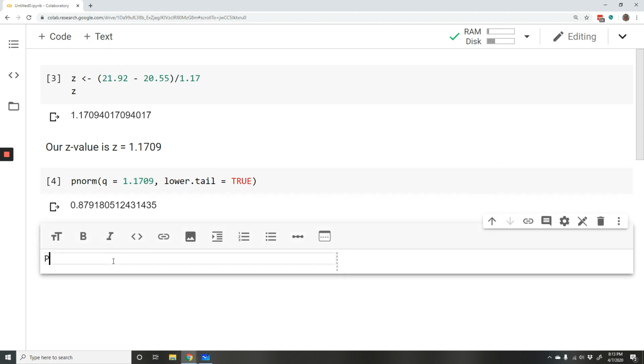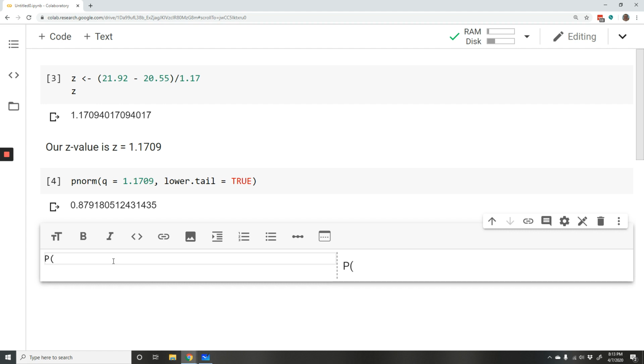So the probability that X is less than 21.92 is the same as the probability that Z is less than 1.1709. That's what we found. That's what the Z-score means. And we just found that that probability is 0.8792 about.